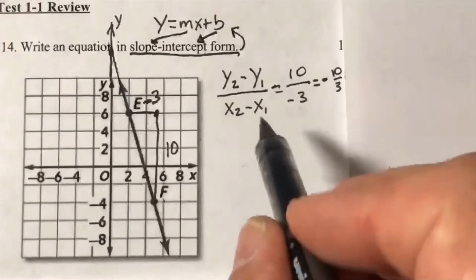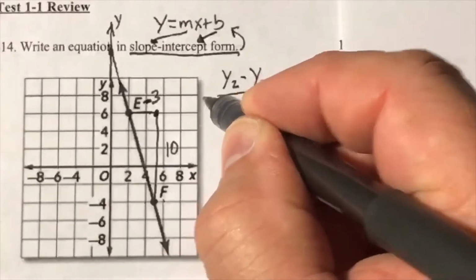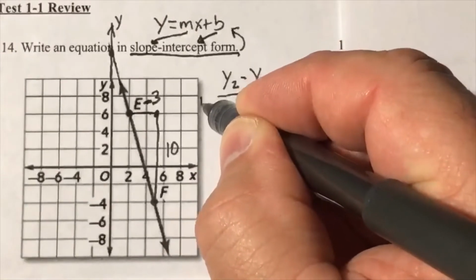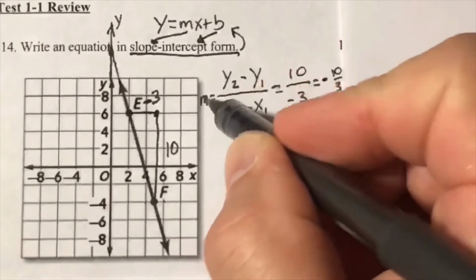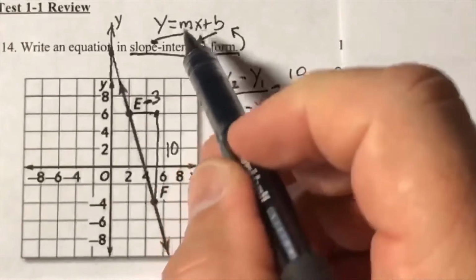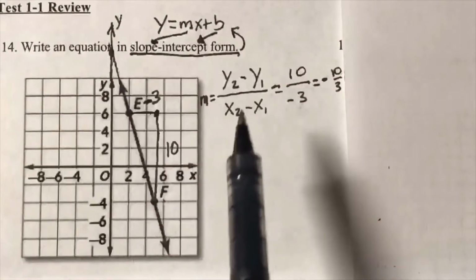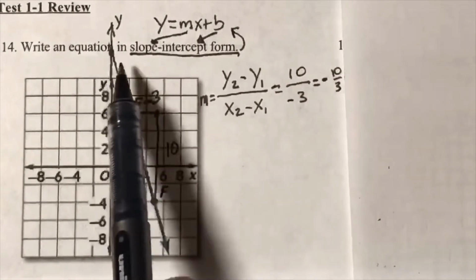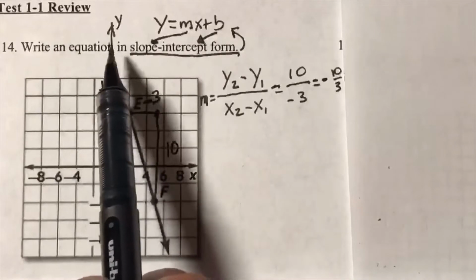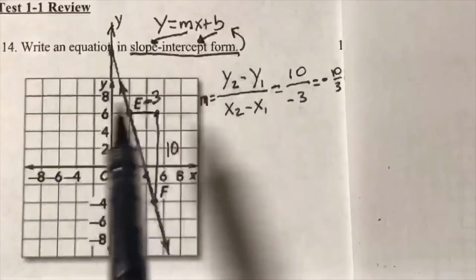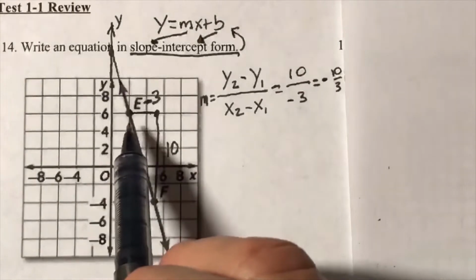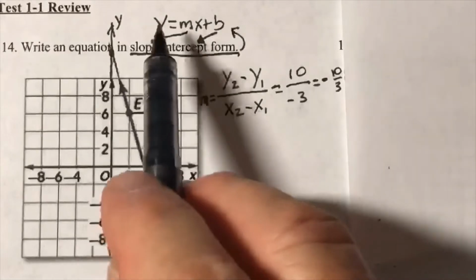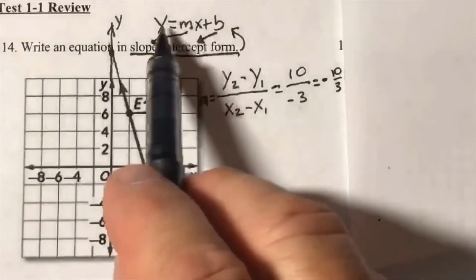So we now know the slope. Go ahead and put this letter m, lower letter m, is my slope. Because we do not know the y-intercept very clearly, we want to pick a point on the line. I need to know what x and y is.